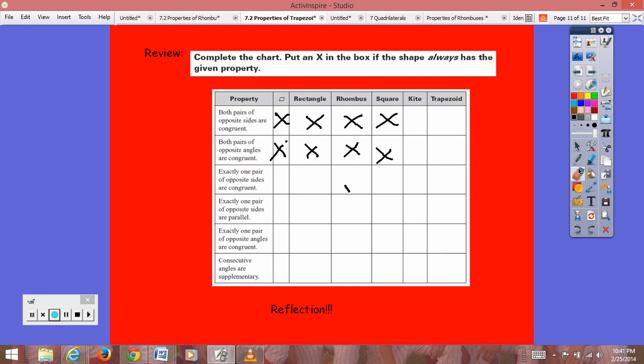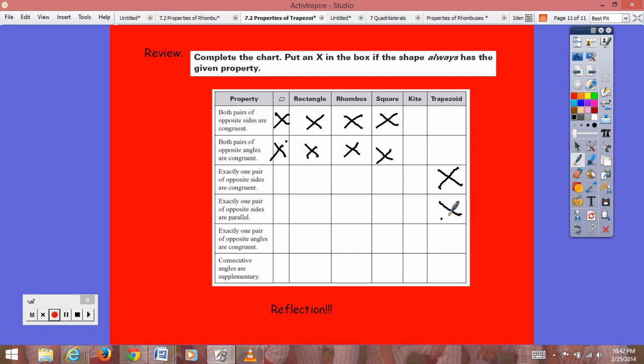And then exactly one pair of opposite sides is congruent, and that is only true for trapezoids. Then exactly one pair of opposite sides are parallel.